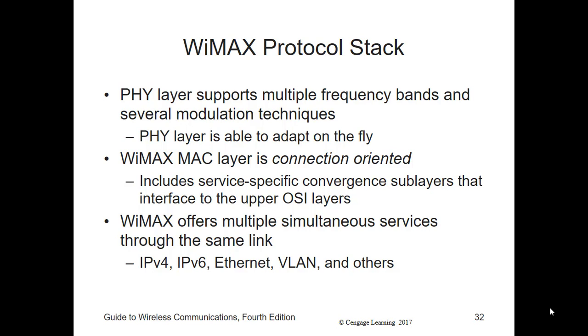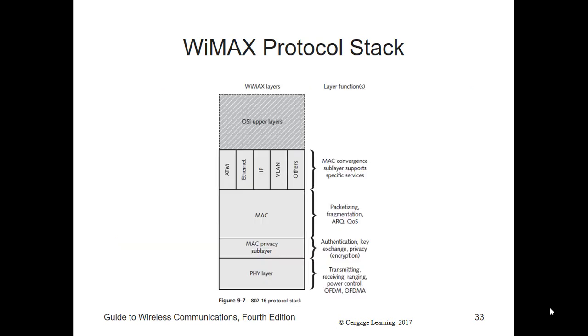The convergence sublayers of the MAC layer in WiMAX can map a particular service to a connection, which allows WiMAX to offer multiple simultaneous services through the same link and to carry mixed communication protocols such as IPv4 and IP version 6, Ethernet, VLANs, and others, all on the same link, on the same network. The MAC layer in WiMAX also includes a privacy sublayer that is used to secure the link.